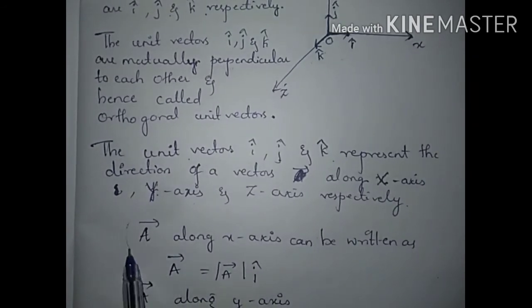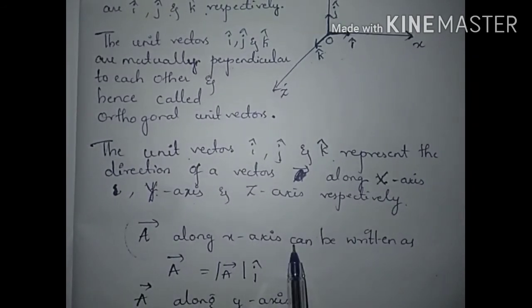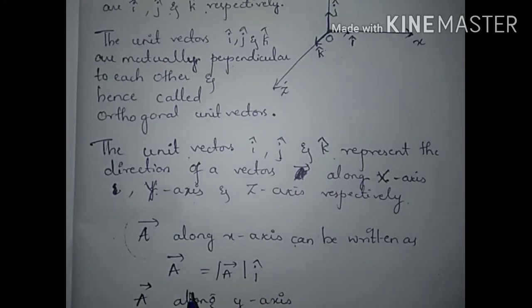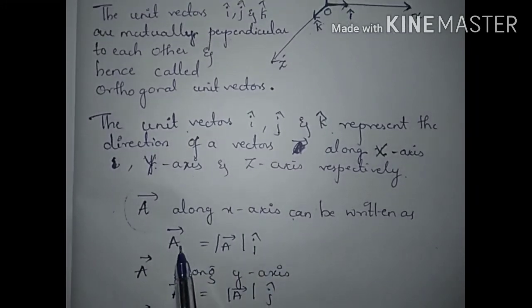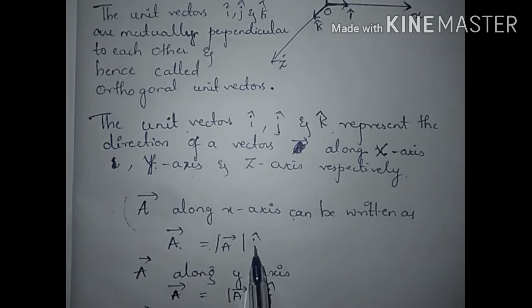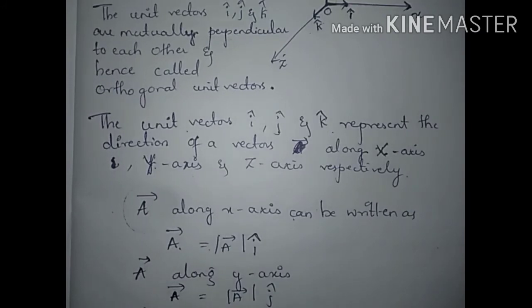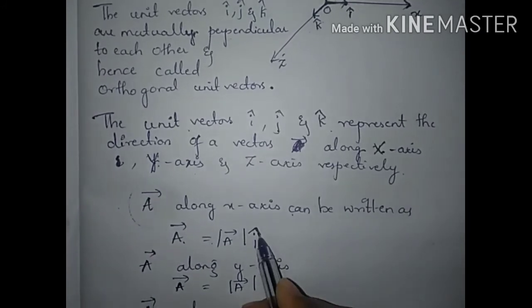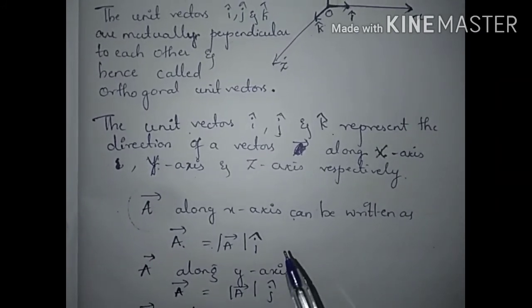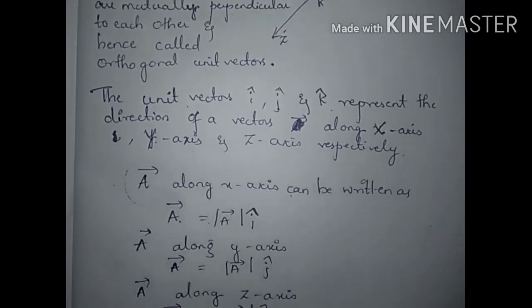Suppose there is a vector A which is along the x-axis. This vector can be written as vector A equals magnitude of vector A multiplied by i cap. Here we are multiplying with i cap, not with A cap. i cap represents the unit vector along the x-axis.